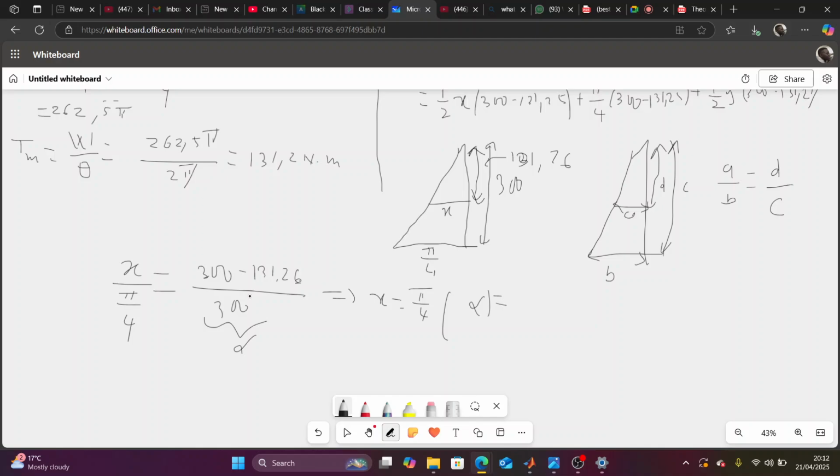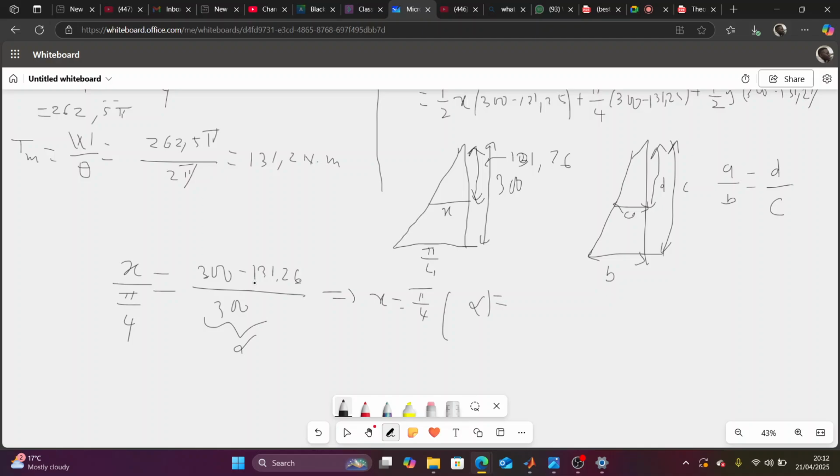It's going to be 42. You get what? You get pi over 4 multiplied by everything here.